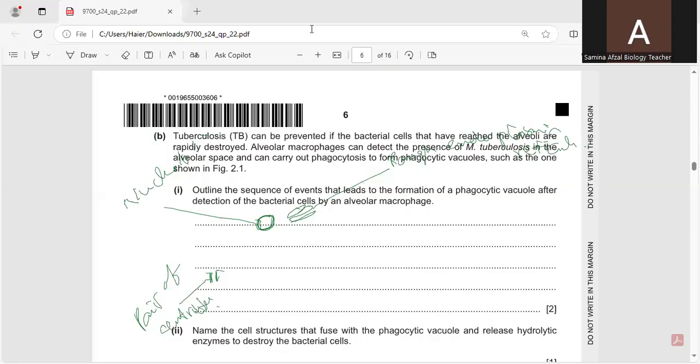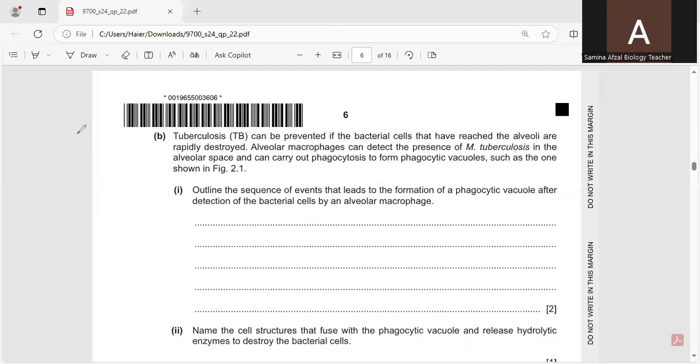Now we are moving towards the next question. Tuberculosis can be prevented if the bacterial cells that have reached the alveoli are rapidly destroyed.